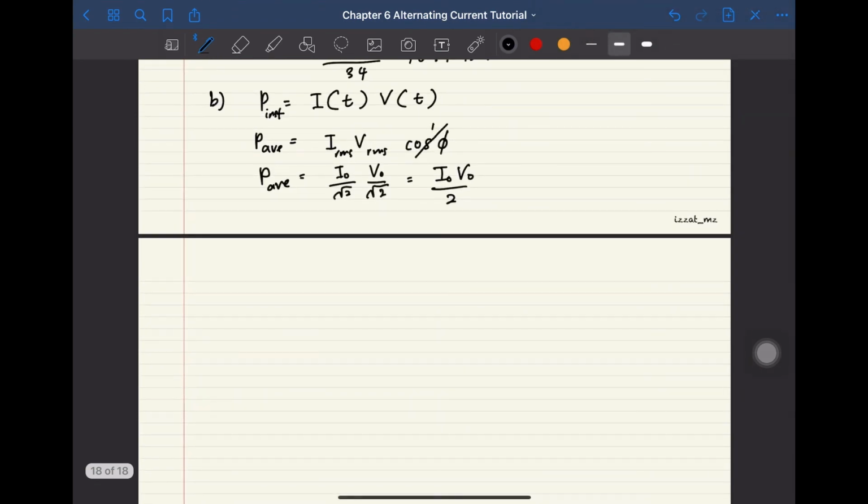I naught V naught, I can represent as my maximum, which equals 2 multiplied by P average.